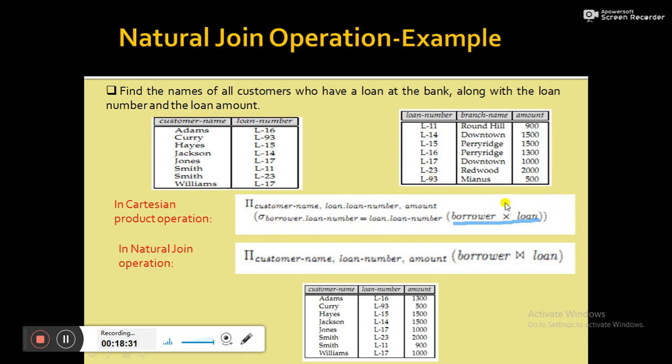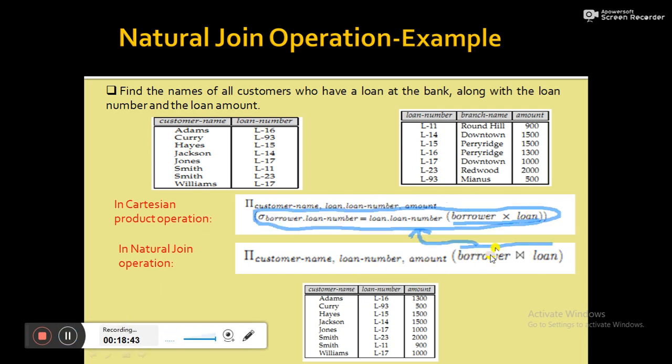All these operations are performed in a single natural join. So if you write borrower natural join loan, that corresponds to this whole operation, Cartesian product and selection.